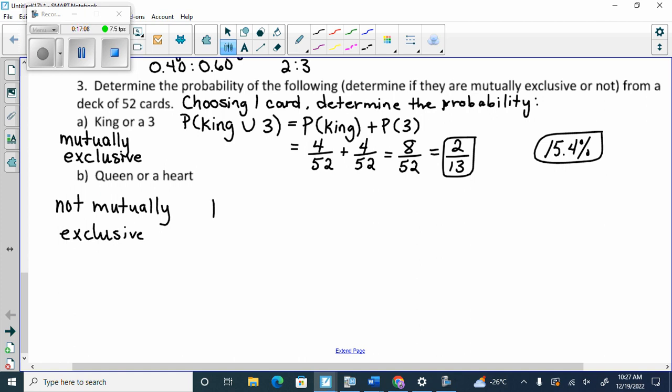So we're going to do the probability of a queen or a heart equals the probability of a queen plus the probability of a heart. And what do I have to remember to do? Track the overlap.